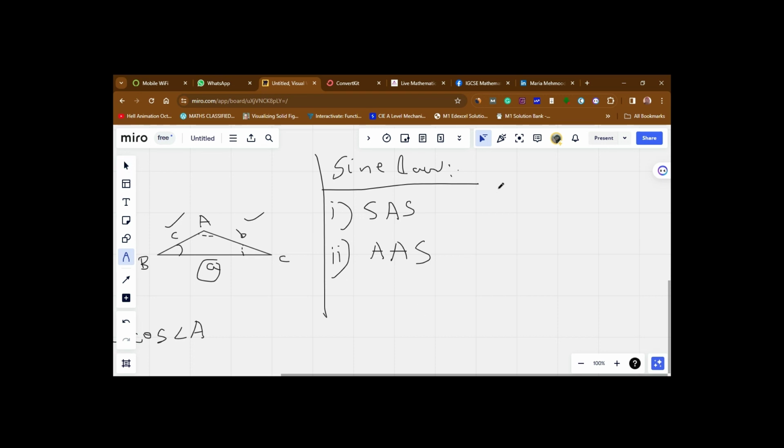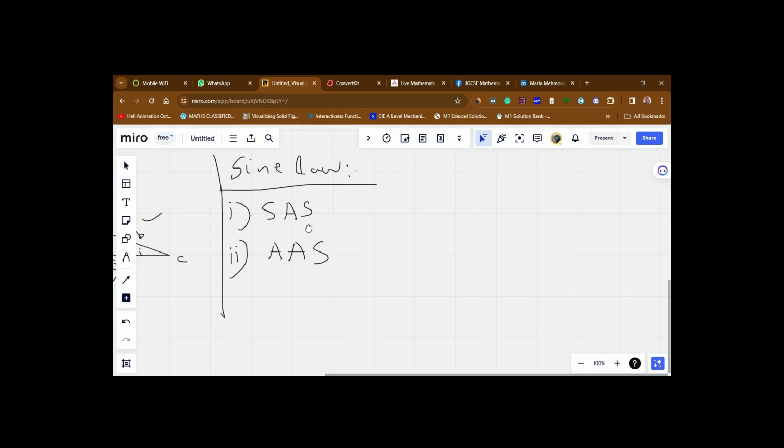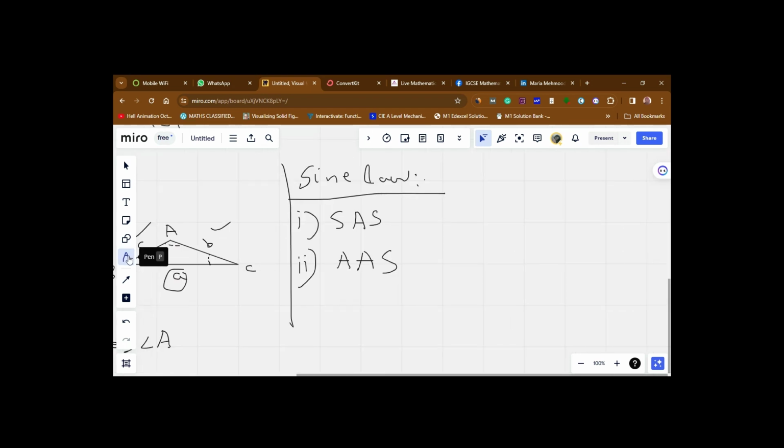Another point to be noted is that the summation of all three interior angles of a triangle is always going to be 180. Why is that? The reason is that you have studied polygons, right? And the formula for the sum of the interior angles of a polygon is given to us here.